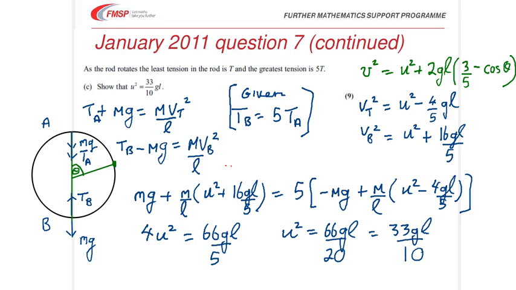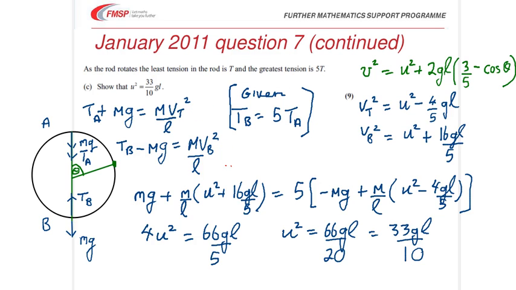Putting that another way, since we know the least tension is at the top, and the greatest tension is always at the bottom of a circle, the tension at the bottom is 5 times the tension at the top. So we need to work out expressions for the tension at the top and the bottom using Newton's law towards the center, and that's what I'm doing here and here.